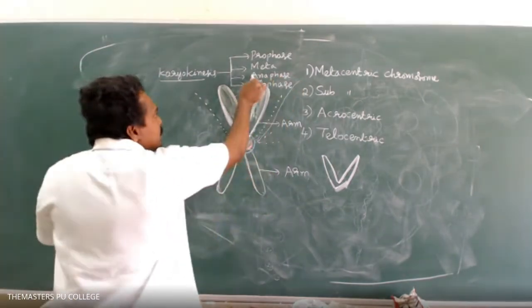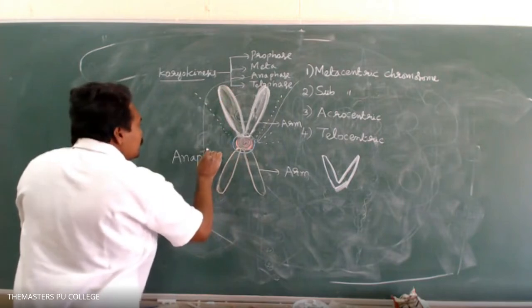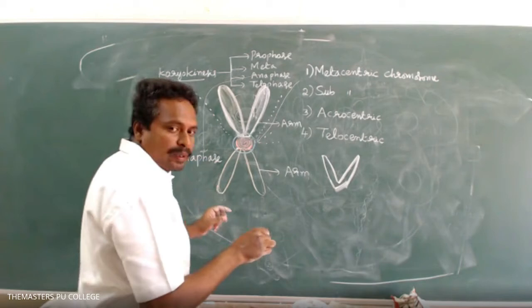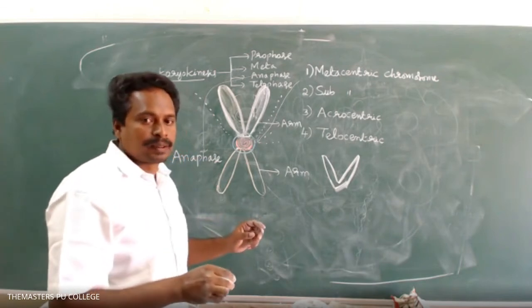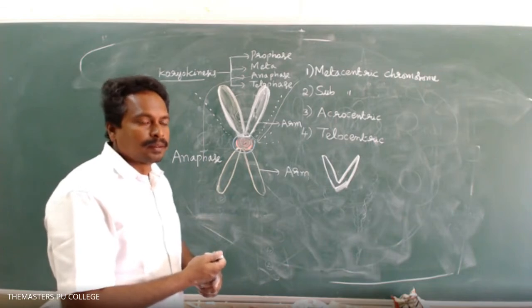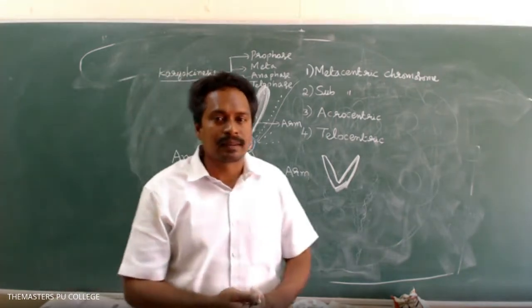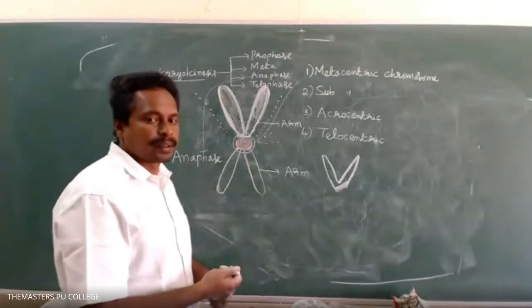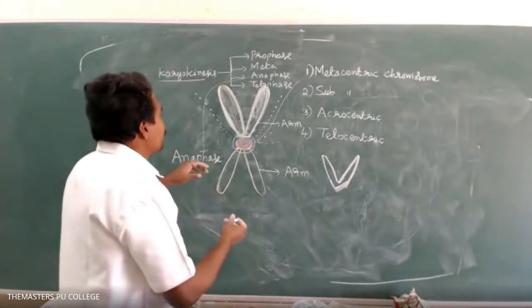In the anaphase of the cell division, the metacentric chromosome attains V shape. What about the remaining students? Clear, sir. Right.